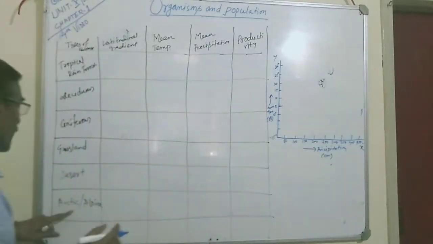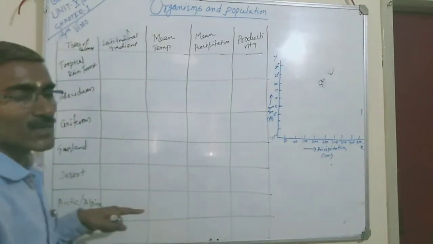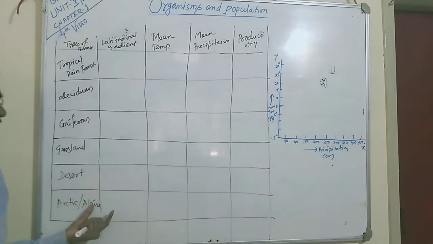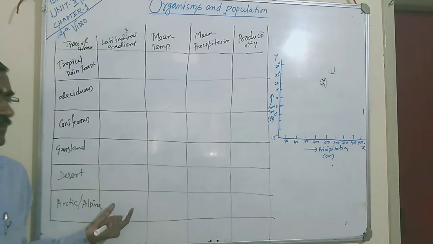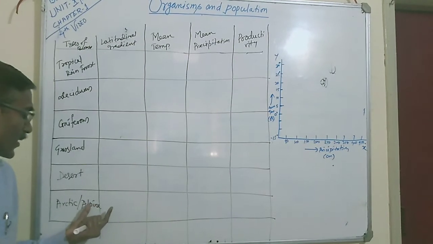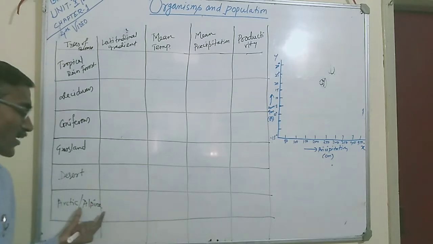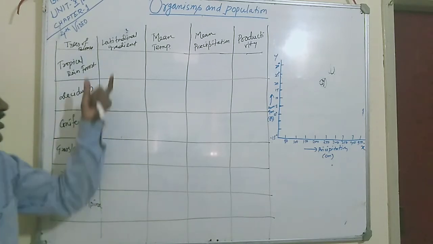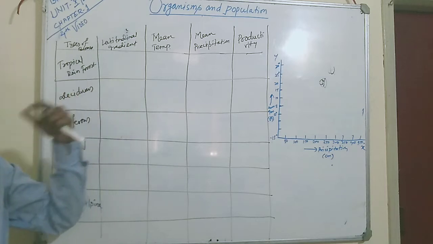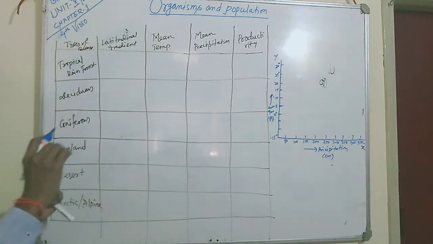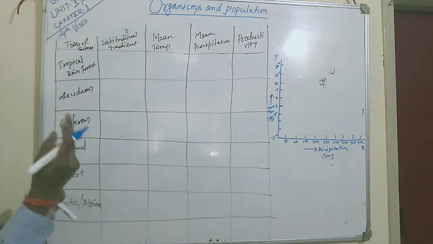So we talk about the Arctic and alpine. This is the minimum productivity, the minimum range of tolerance, where the vegetation's nature is Arctic and alpine. What the latitudinal gradients are, you already know. The tilting and rotation of the Earth create the latitudinal gradients.